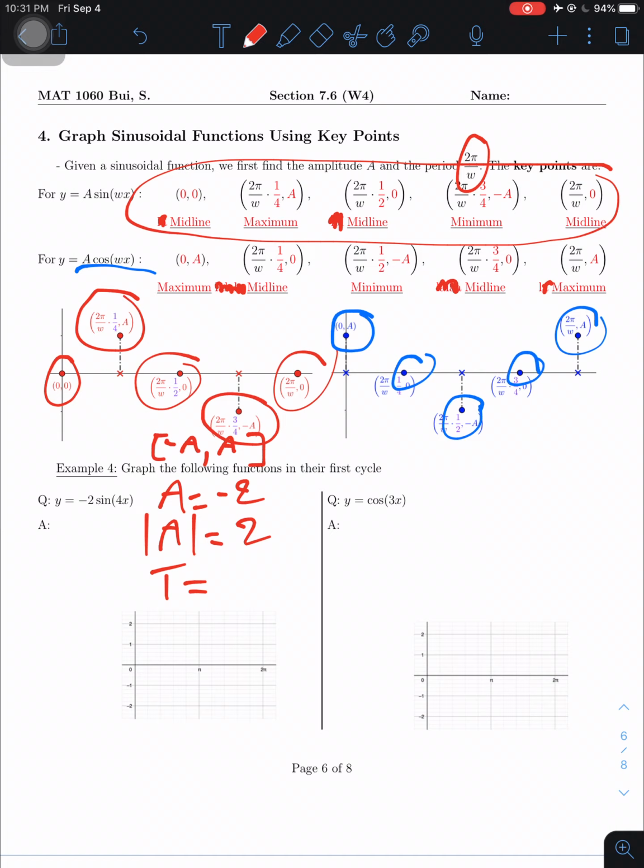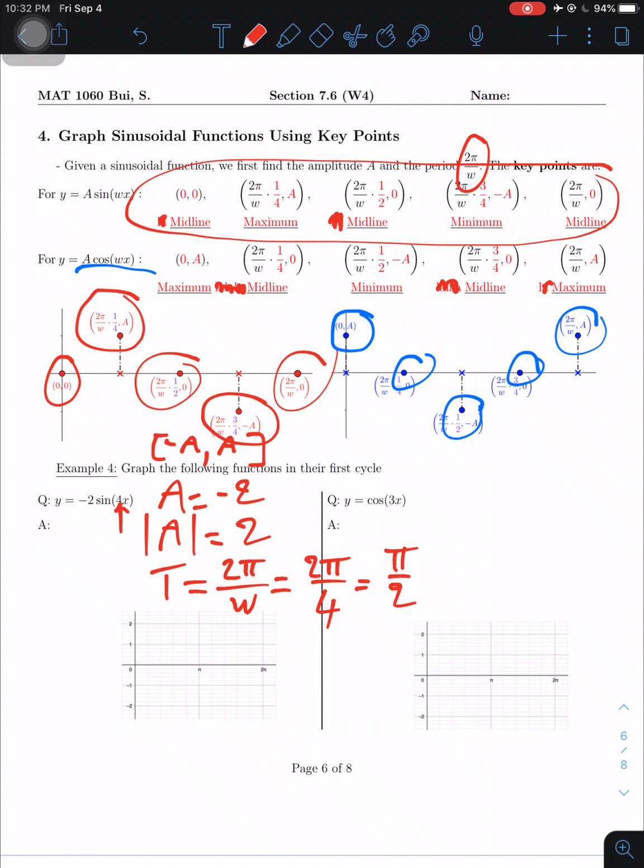Usually in math we try to go with P for period, but P is already taken for point. That's why we're going to use T for period instead of the letter P. Keep that in mind. So T equals 2 pi divided by omega, or w in here, and in here omega is 4, so we're going to have 2 pi divided by 4, which is pi over 2.